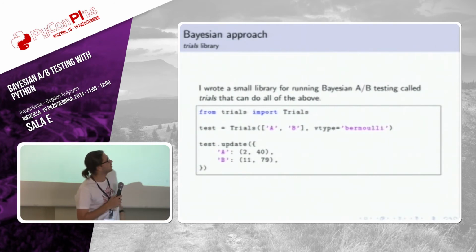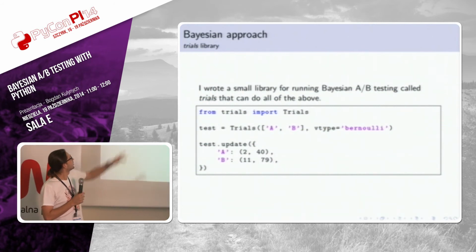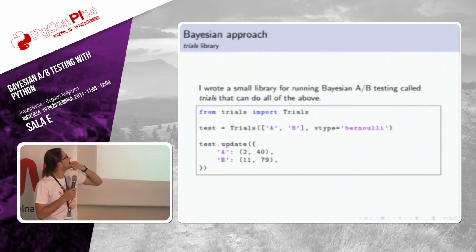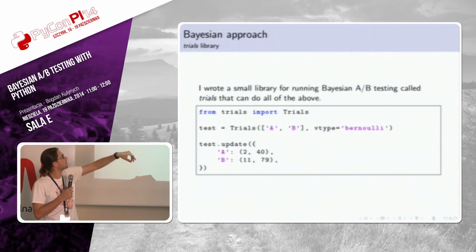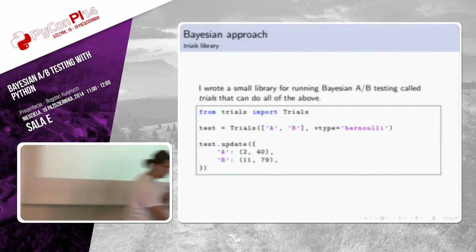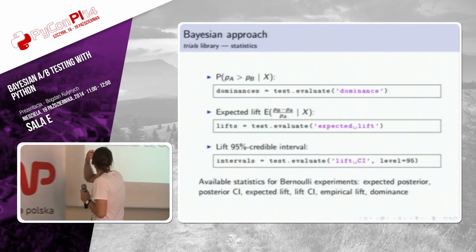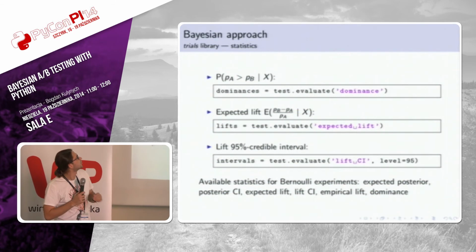So I made a small library for this. We're doing exactly this. It's called trials. It looks like this. You instantiate an experiment object with some type, Bernoulli for this case. You update it with data, and you can obtain these values that I was talking about previously.